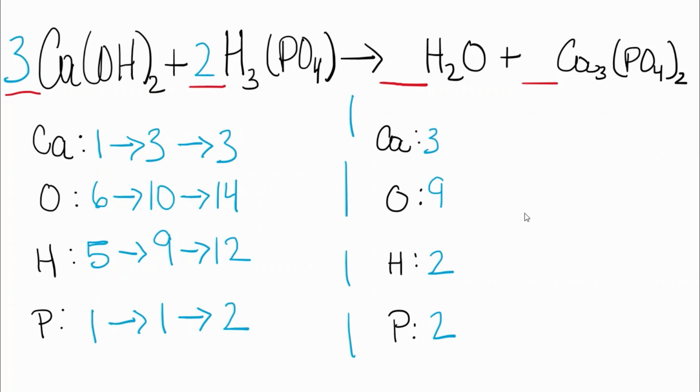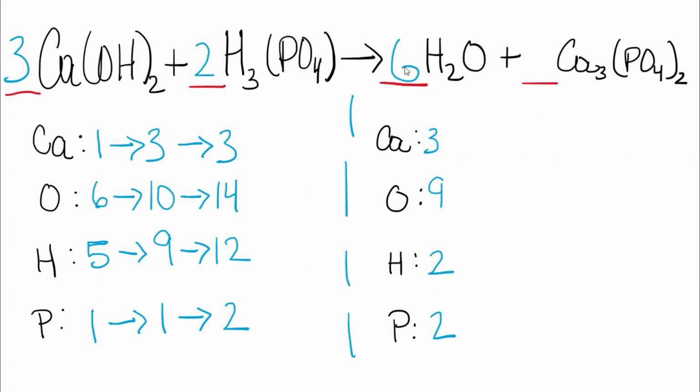So what's convenient about this is now you only have oxygen and hydrogen not balanced, but there's water right here, and water has neither calcium or phosphorus in it, so you can just use this water to balance the number of hydrogen and oxygens left, right? So here we can see we have 12 hydrogens and we have 2 hydrogens on this side.